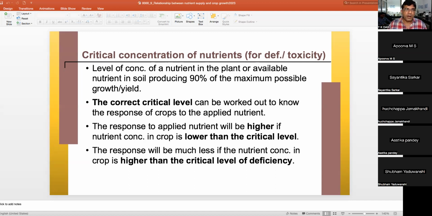You can go for plant chemical analysis. You can know qualitatively or quantitatively. Qualitatively is your rapid tissue test, and quantitatively is doing the chemical analysis of the nutrients in the laboratory. And then, even if you get the result, you cannot decide how much quantity of nutrients should be applied.